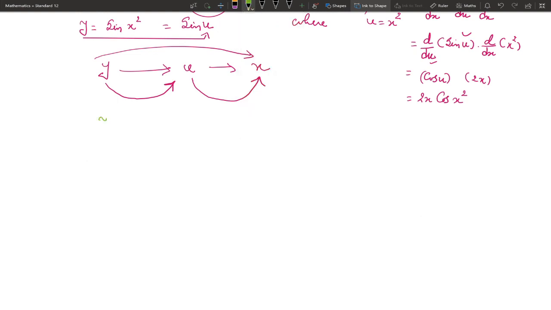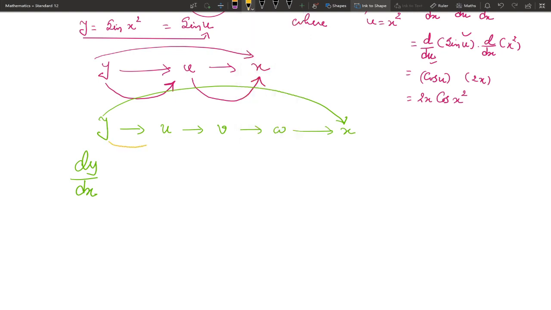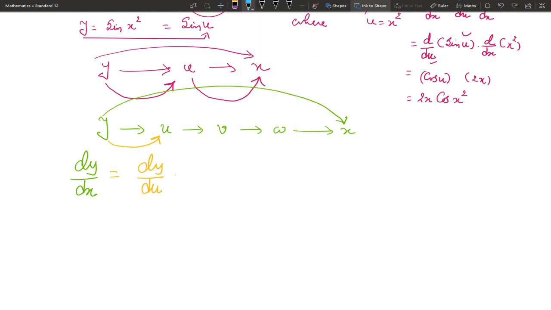For example, y is a function of u, u is a function of v, v is a function of w, w is a function of x. Then to differentiate y with respect to x, dy by dx: first, y is a function of u, so differentiate y with respect to u. Next, u is a function of v, so into du by dv.